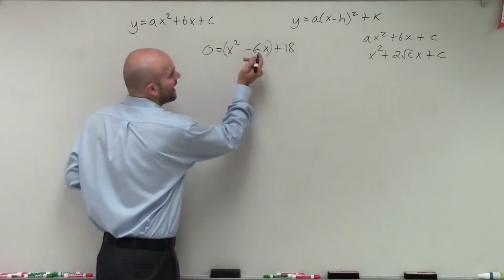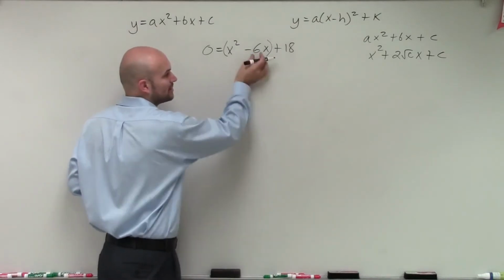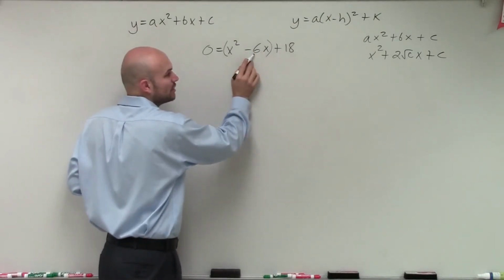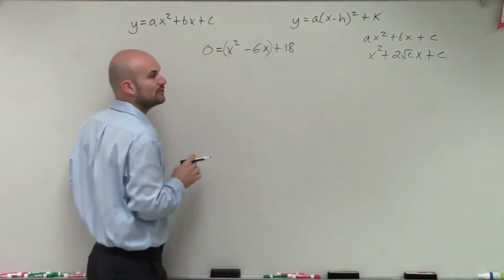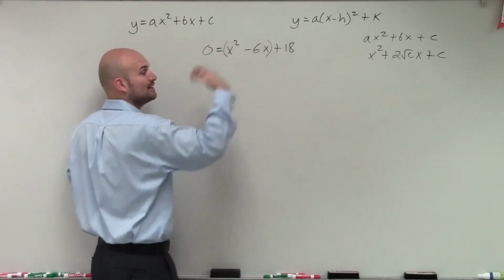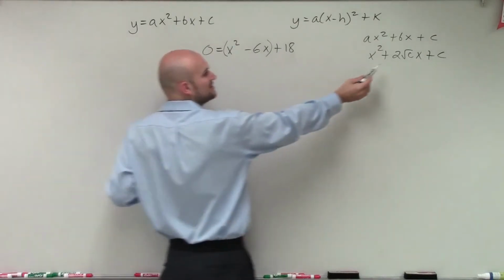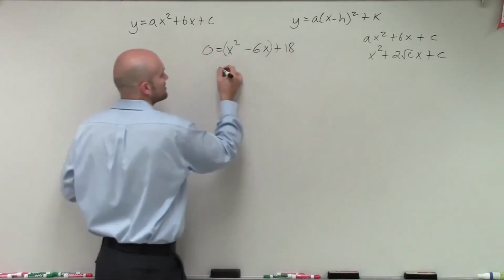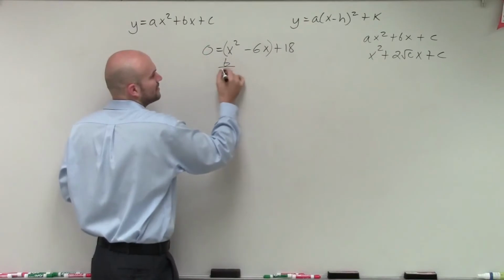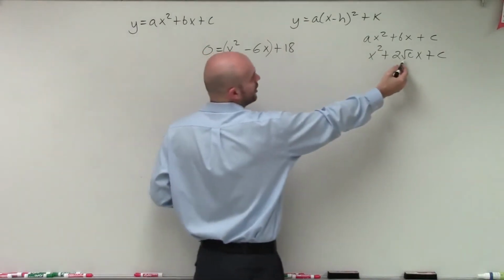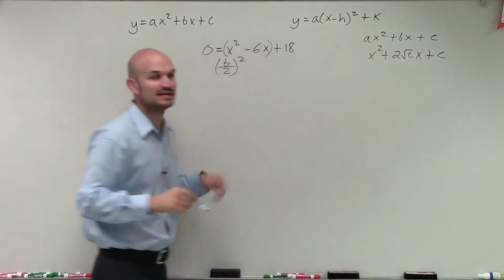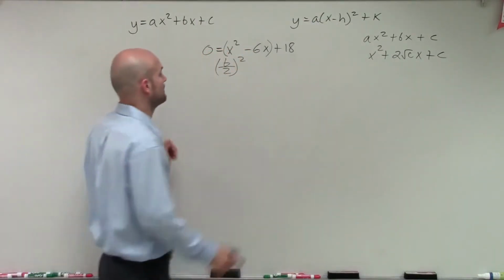So I need to create a perfect square trinomial. Now notice, if this is a perfect square trinomial, this number has been multiplied by 2 and then had the square root taken. So to create my perfect square trinomial, I'm going to do the exact opposite operations. I'm going to take my b, divide it by 2, and then square it. Pretty much undoing all of this to find the value of c that's going to complete the square.